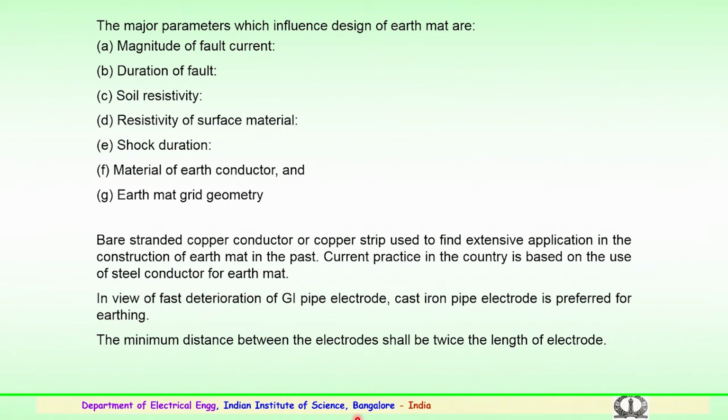Again, the magnitude of the fault current depends on the voltage level of the substation in which it is operating, and the fault which an equipment sees, the duration of the fault, the soil resistivity of the area, the resistivity of the surface material, the shock duration, the type of shock, the material of the earth conductor which has been used, and the earth mat geometry which has been used in the substation.